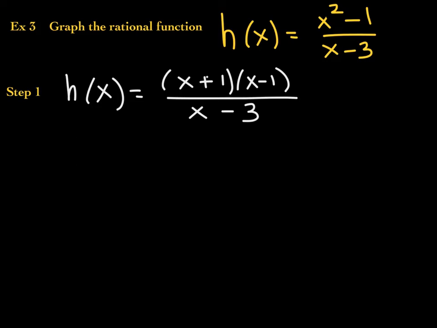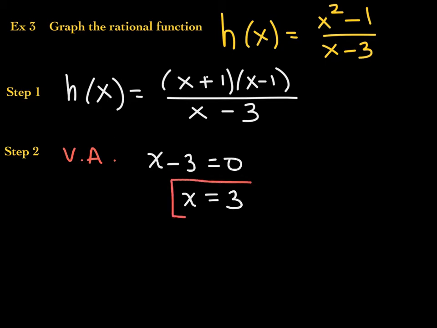So let's go to step 2, find the vertical asymptotes. Recall that we find the vertical asymptotes by setting the denominator equal to 0 and solving it for x. So we see we only have one vertical asymptote, which then means there's two pieces of the graph. Let's find the end behavior asymptote.